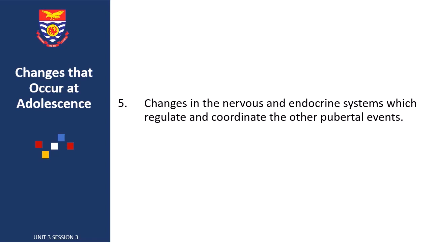Now, 5. Changes in the nervous and endocrine systems, where they relay information between the brain and the body, and this really regulates and coordinates the other pubertal events.